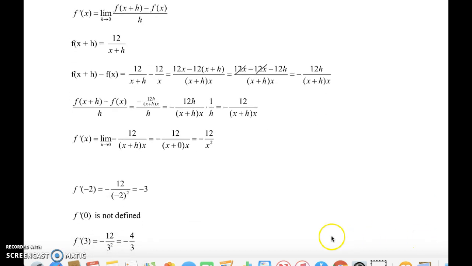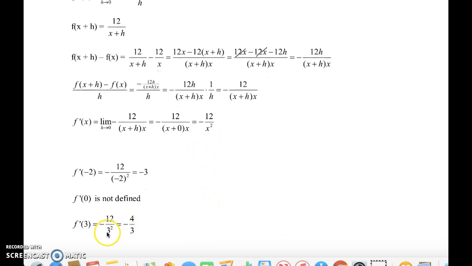So at negative 2, we get negative 2 squared, which is positive 4. 12 divided by 4 is 3, but there's a negative on the front, so we end up with negative 3. With 0, 0 makes it undefined because 0 would be in the denominator of our fraction. And if we have 3, then we just plug our 3 in there. 3 squared is 9. 12 over 9 simplifies to 4 over 3, and we keep our negative sign.